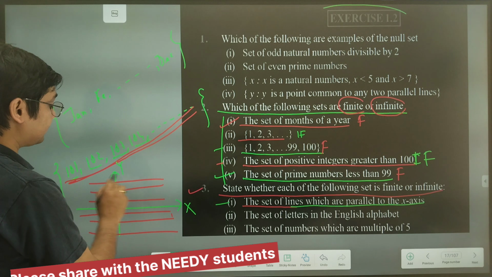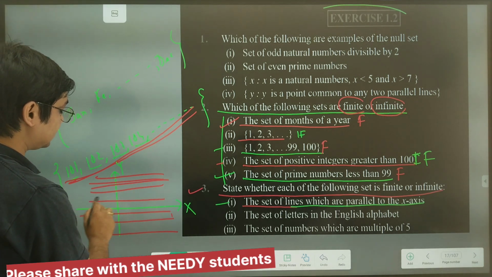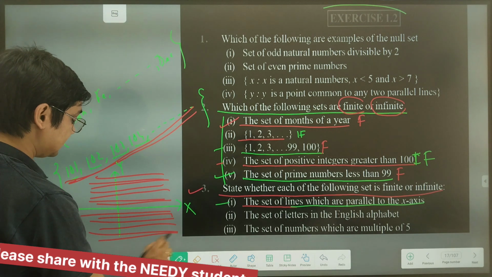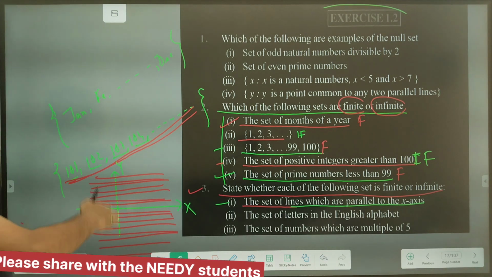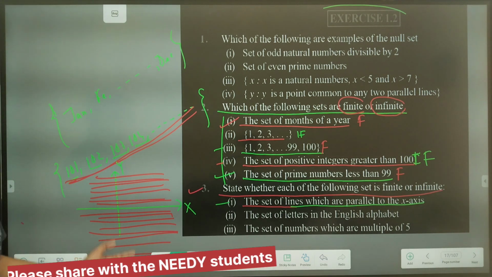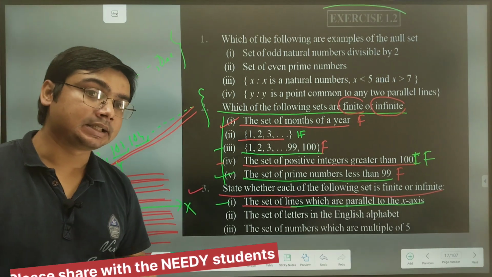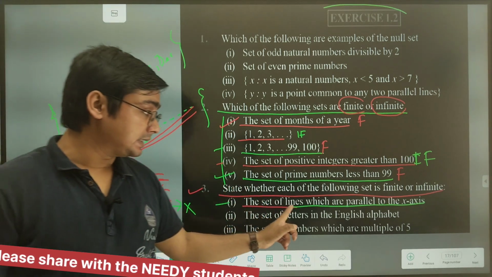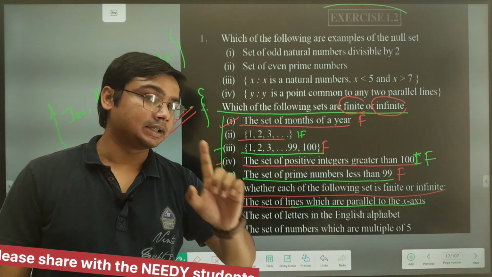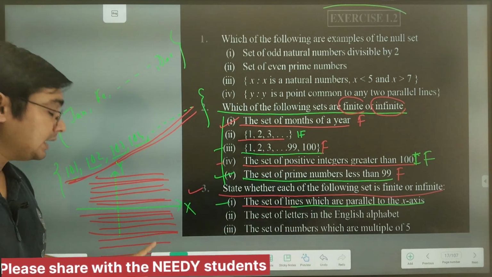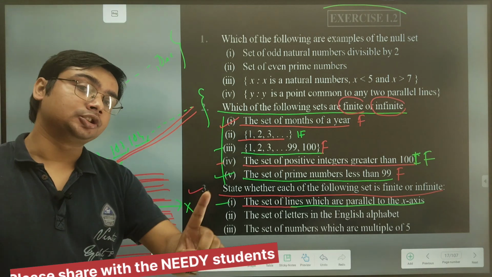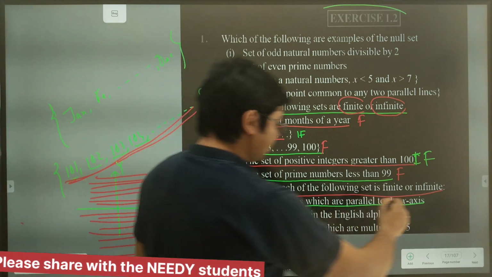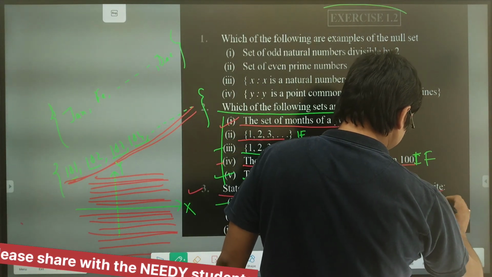There are infinite number of lines we can draw, so the collection of all these parallel lines is an infinite set.